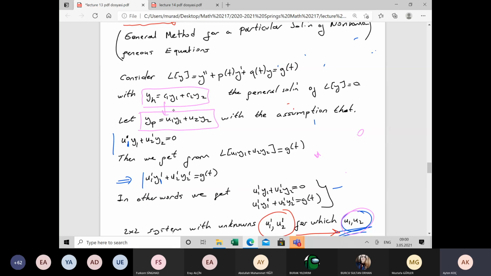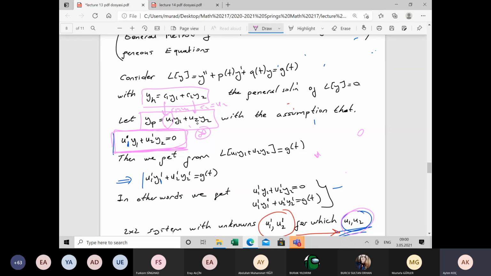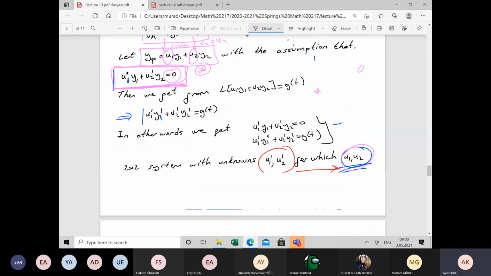C1 is replaced by U1, with the substitution such that U1 prime y sub 1 plus U2 prime y sub 2 should be 0. This is a particular solution of the non-homogeneous equation that satisfies this equation. Let's come back to our question.